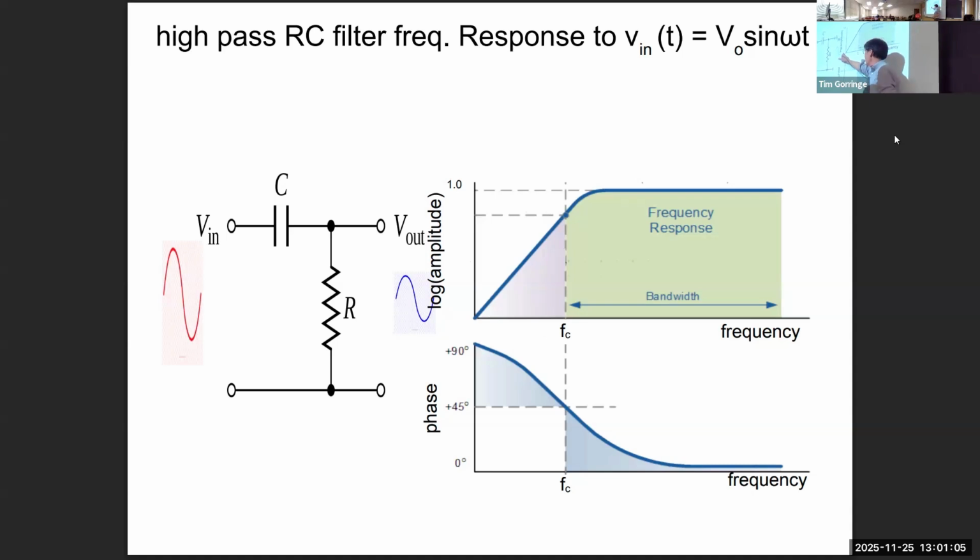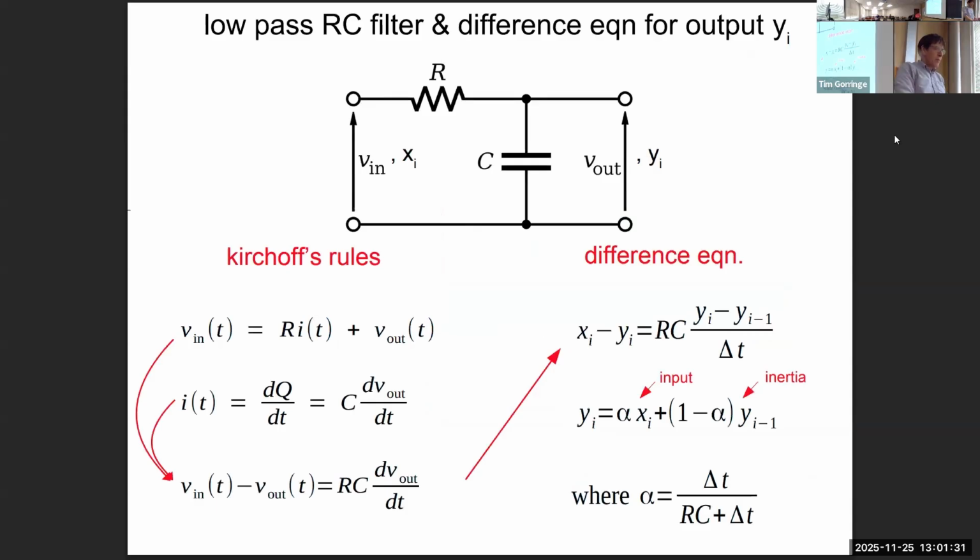If you have a low frequency, much lower than this critical frequency, then you're completely extinguished by the filter. And in between, in the region of FC, or the corresponding time constant, you are partially attenuated, and also your phase is changed. So that's the frequency domain for low pass and high pass filters.